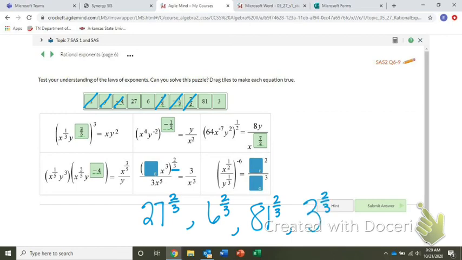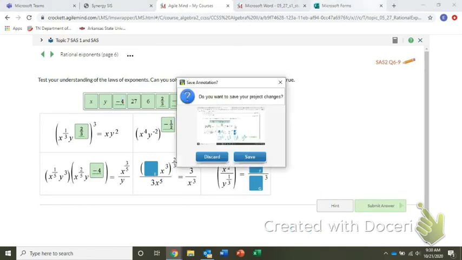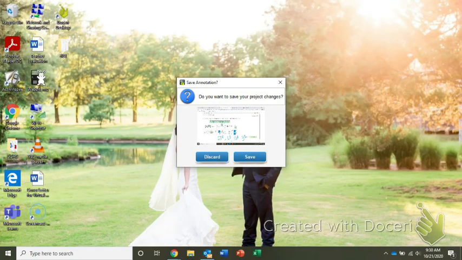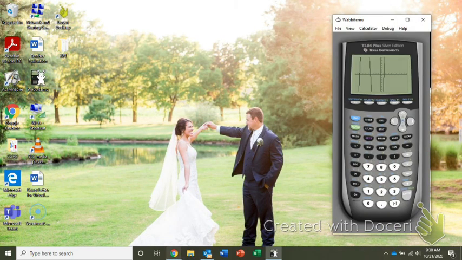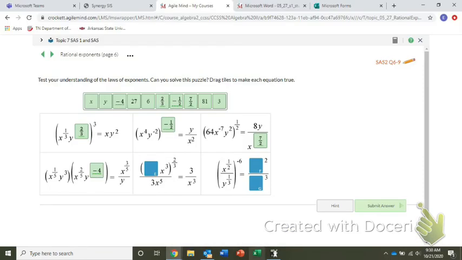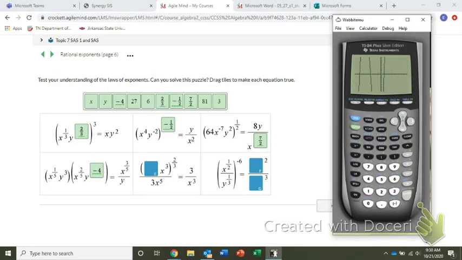So, let's go to our calculator. And let's do 27 to the 2/3. And we get 9. Okay.